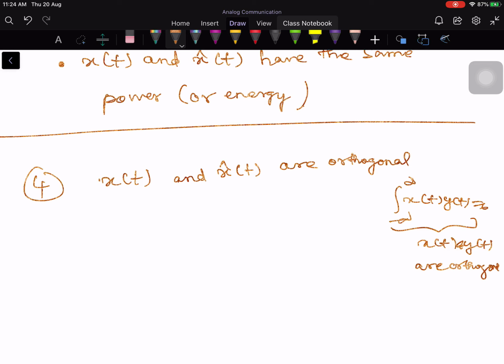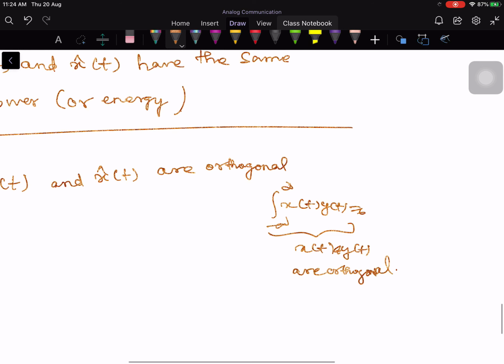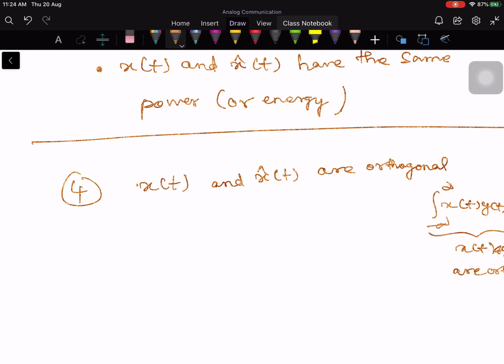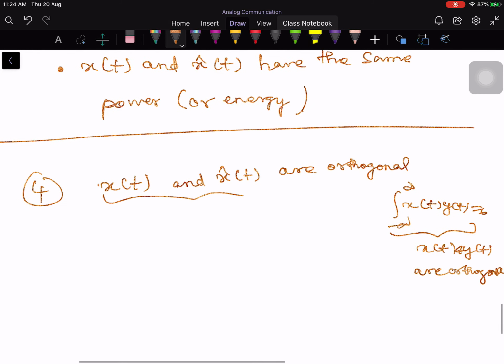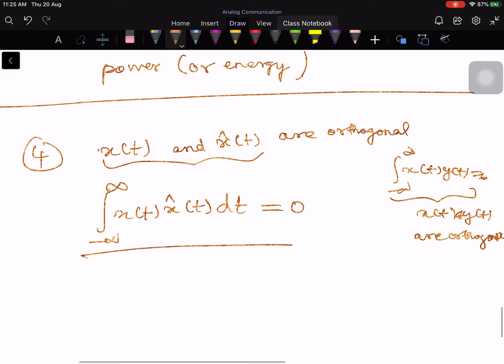This is an important property. So similarly, if x of t and x hat of t are orthogonal, then x of t multiplied by x hat of t and integrated over minus infinity to plus infinity should be 0. This is a property that we should remember.